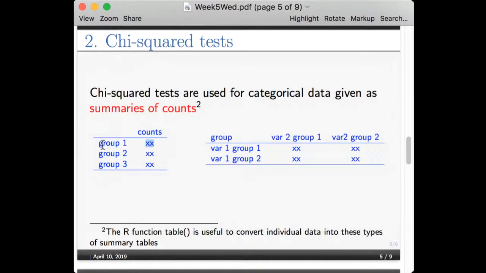One example might be, I might be working in a casino and I want to test whether a dice is fair. So I might have 6 groups representing the 6 faces of the dice, and I might roll the dice, let's say 36 times, and then count the number of times I get a 1, a 2, a 3, and so forth.